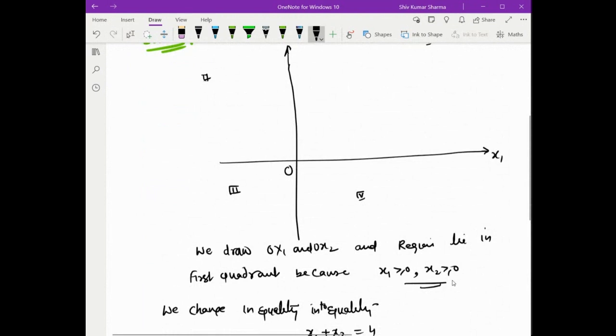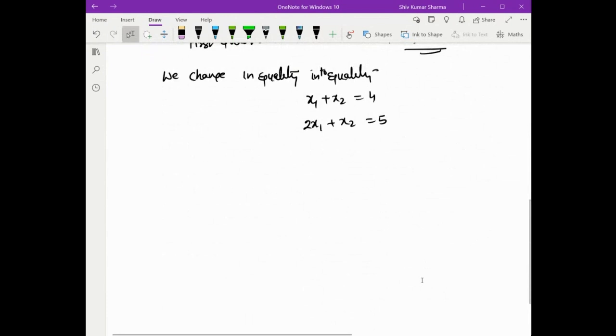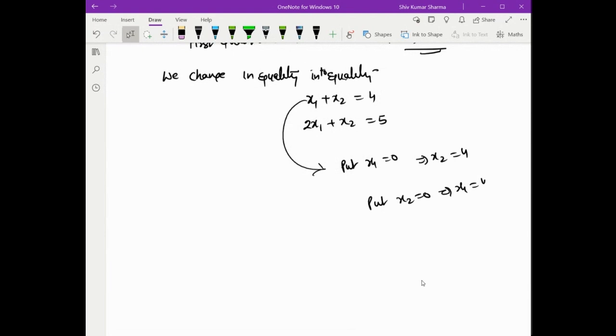So we plot, taking a scale. Suppose this is 1, here is 2, 3, 4, and correspondingly 1, 2, 3, 4 for the vertical axis. For the first equation, putting x1 equal to 0 gives x2 equal to 4, and putting x2 equal to 0 gives x1 equal to 4.